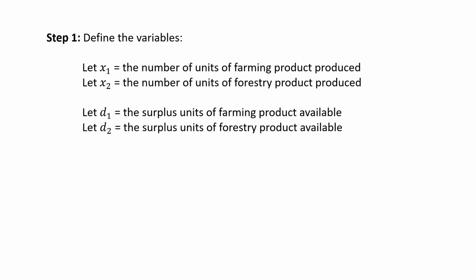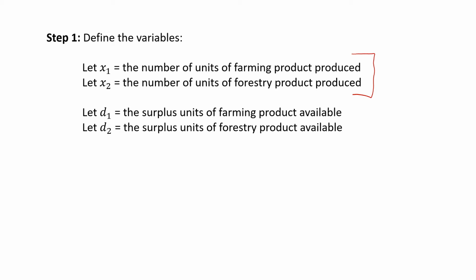So we define that variable for each of the sectors. For this example, we only had two sectors. So we're going to define x1 as the number of units of farming product produced, the total amount, and x2 as the number of units of forestry product produced, the total amount of stuff produced. But of course, we can't sell everything.